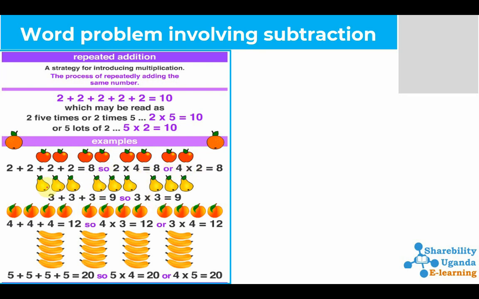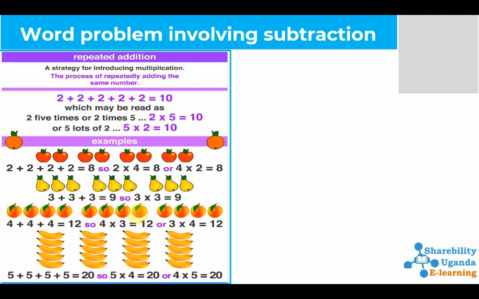So we can say there are 3 times what? Times 3. Okay, so it's the same as 3 plus 3 plus 3, which is equal to 9. So 3 times 3 is the same as 9. We also have this example, they are arranged in what? In 4s. Okay, here we are trying to demonstrate and make you understand the other side up.